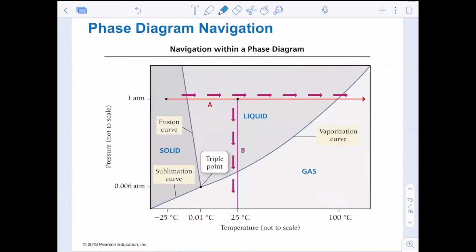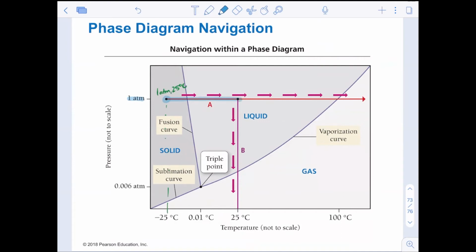Now, just how to navigate this phase diagram. This is again of water, not drawn to scale, but we can see if we wanted to start at something like 1 atm and negative 25 degrees Celsius, right? If I just dot this down, 1 atm, negative 25 degrees Celsius, and then say, what happens if I increase the temperature?